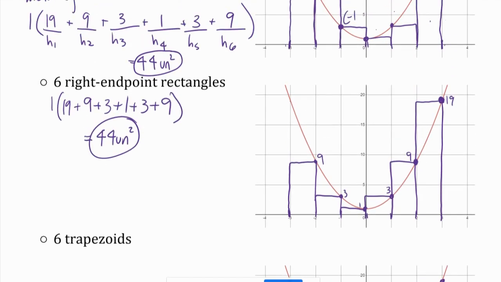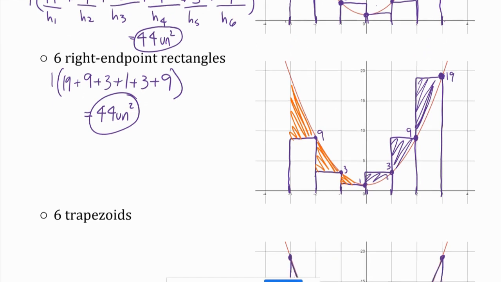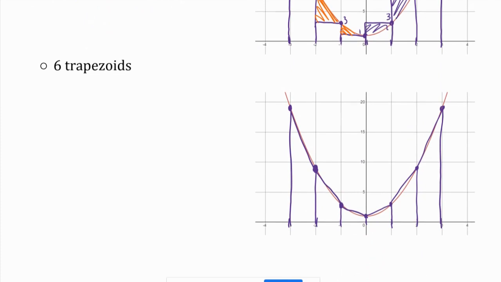So you can see here, when I use a right rectangle, I've got extra space here, and then I've got missing space here. And so it's not as good necessarily of a representation of the area under the curve. Trapezoid is a lot closer to the curve, so it looks to be a better representation of what the area actually is. So trapezoids, we can start on the left or the right.